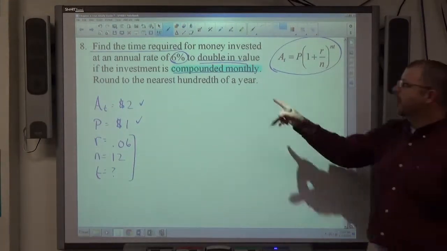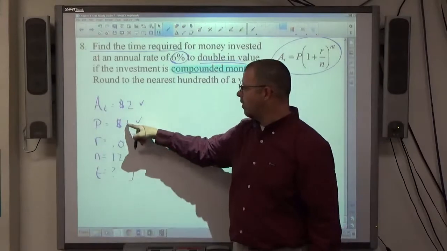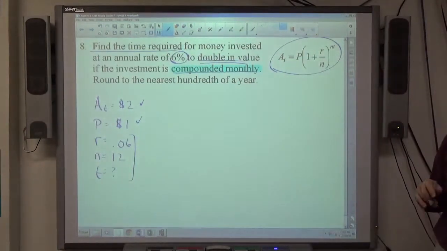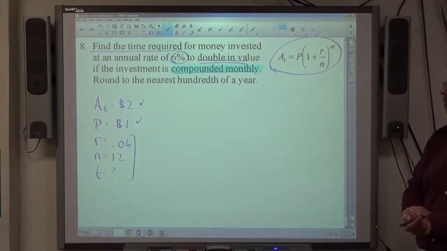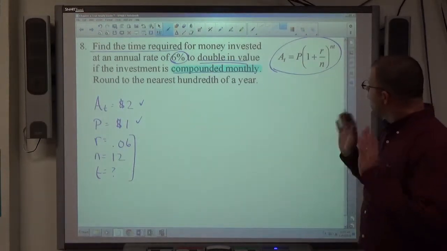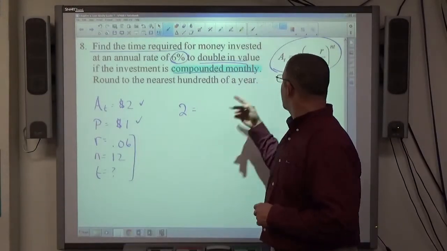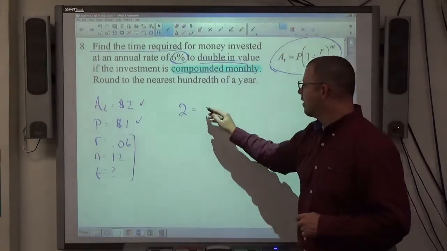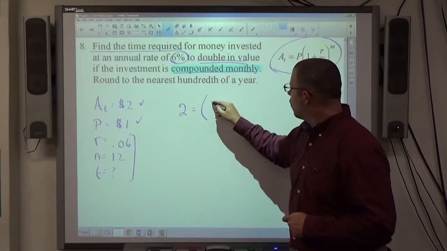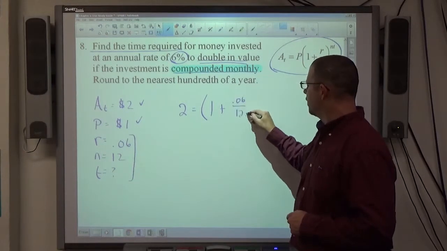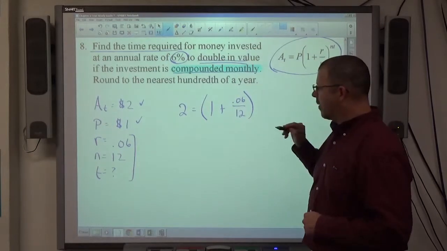I might put triple in value on the test. If that would be 1, this would be 3 then. So I'm not going to limit myself to saying double, but just know that that type of thing is what you're looking for. So, if I substitute everything I know in, a sub t is 2, p is 1, 1 times anything doesn't matter, that's why 1's useful. 1 plus r over n, 0.06 over 12, to the nt power, that'll be 12t.